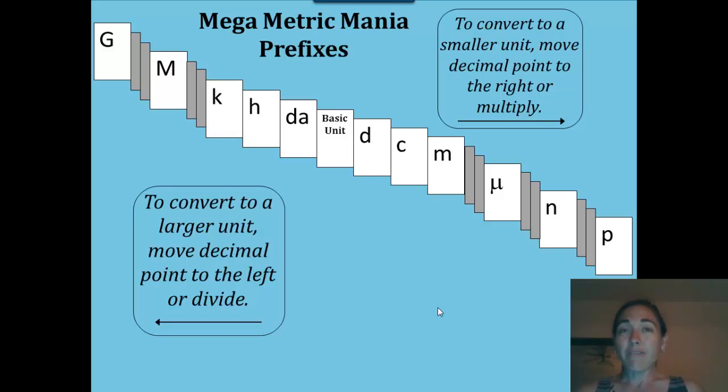That would be a factor of 1,000. Every time you move a box, you add a 0 or you multiply by 10. The whole metric system's based on tens. So let's look at another one. If I wanted to go from mega to giga on the left side of the ladder, I would have to divide or move my decimal place 3 places, by 1,000.